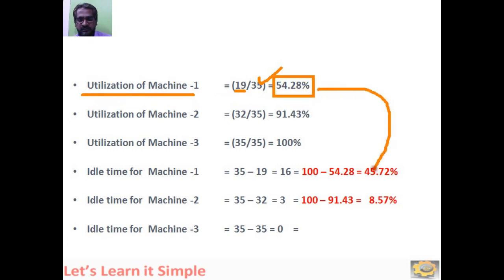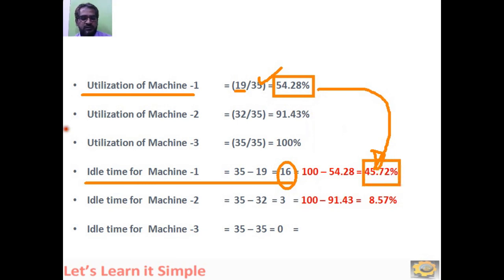If you calculate the idleness, it is 35 minus 19. 35 is the makespan, till 19 it is utilized. Therefore, there is an idle time of 16, or in terms of percentage it is 1 minus 0.5428, which amounts to 45.72%.